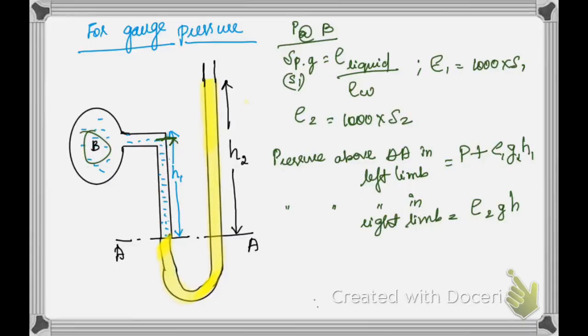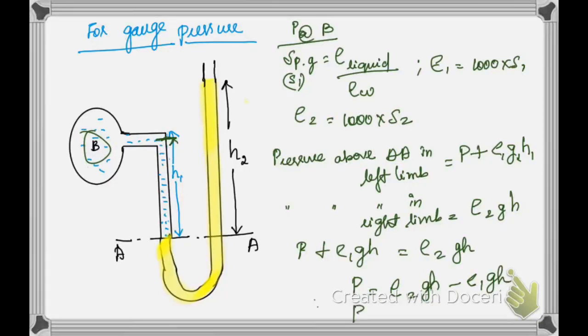Which means that pressure above AA in the left limb will be equal to pressure above AA in the right limb. So pressure in the left limb will be equal to pressure in the right limb. So I can write P plus rho 1 GH will be equal to rho 2 GH. So my pressure, what I want to find, will be equal to rho 2 GH minus rho 1 GH.